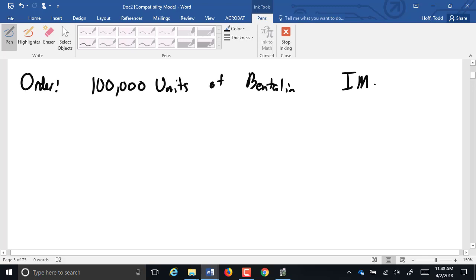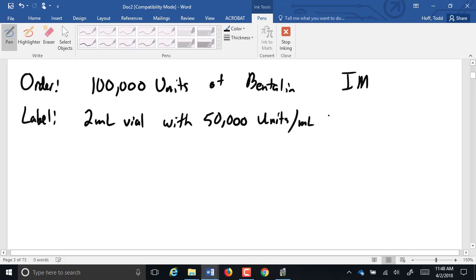Let's say our label is, we have a 2 milliliter vial with 50,000 units per milliliter. So now we have those units there. That unit is just another way of measuring medication. Obviously, a unit's very small if we're looking at 50,000 units per milliliter.